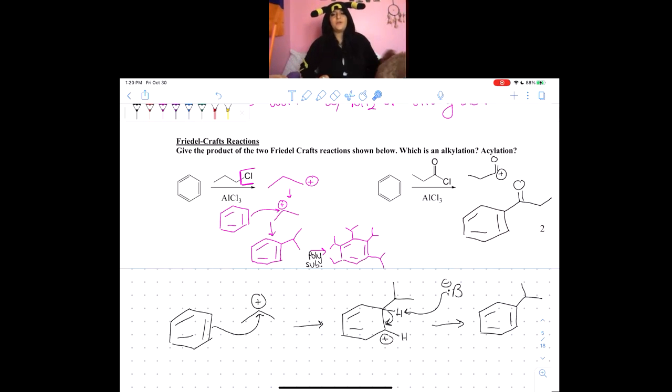Since we add a donating group, that opens up the opportunity to make the nucleophile more nucleophilic, aka activate the benzene ring, and then that will make the reaction happen again. But in an acylation, you add a ketone group, and that ketone is going to make the benzene ring less reactive, which then is going to not allow it to react again. Does that make sense?